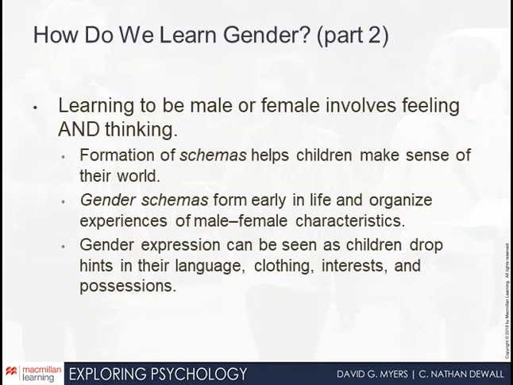The formation of schemas helps children make sense of their world. They establish gender schemas from early in life and organize experiences of male and female characteristics. Those toys are for boys, or those toys are for girls. Gender expression can be seen as children drop hints in their language, clothing, interest, and possessions.